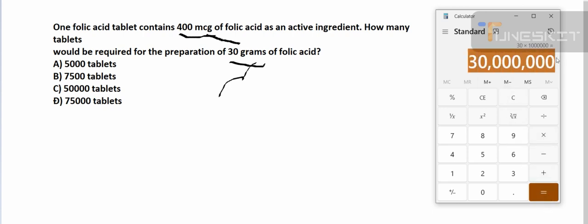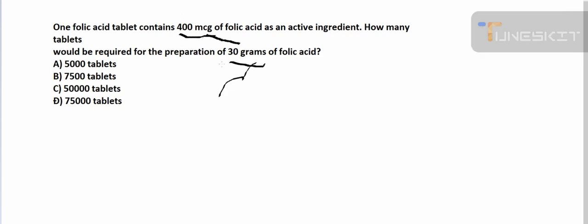So this will be the value in mcg. And now 6 zeros. So this is mcg. We have converted grams into mcg. Very simple. Now both units are equivalent.